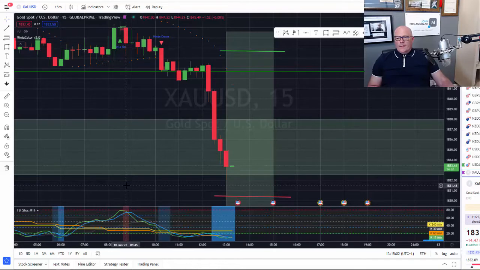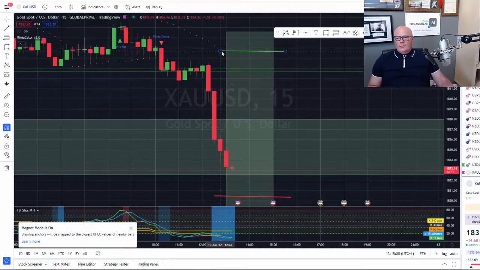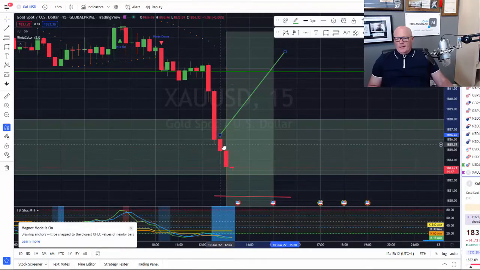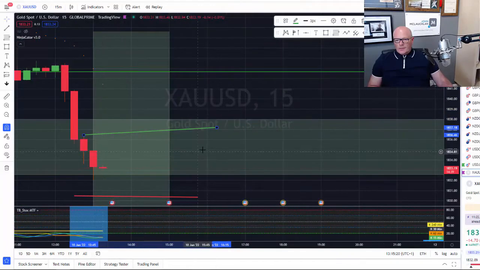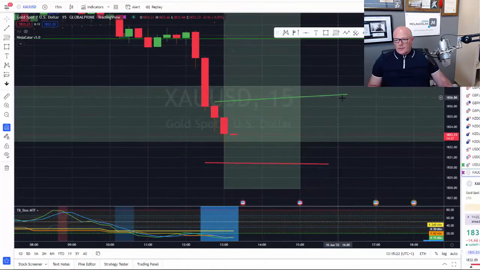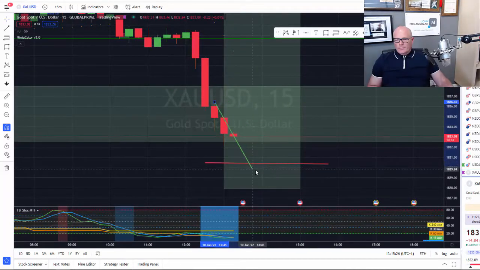Okay, 13:15, that's painted, so let's get these on. So I'm going to put the magnet tool on. So the higher candle from this candle is this one. Is there a wick on there? No, there isn't. In fact, let's just make sure. There's no wick on there, so that is going to go through the middle of the candle.